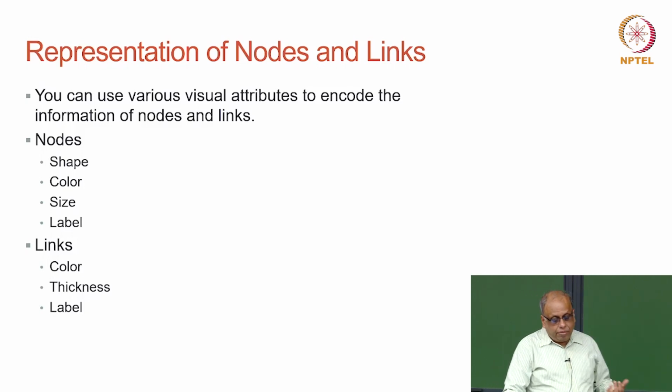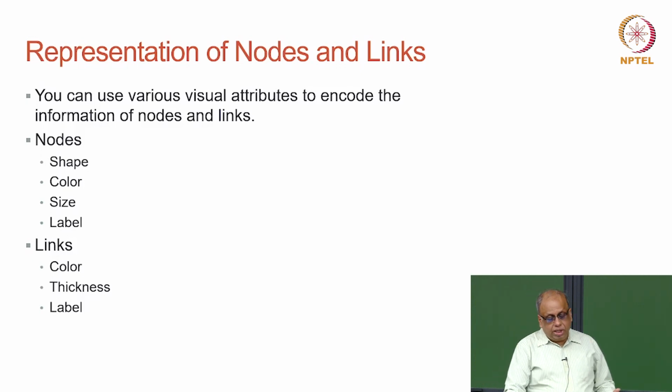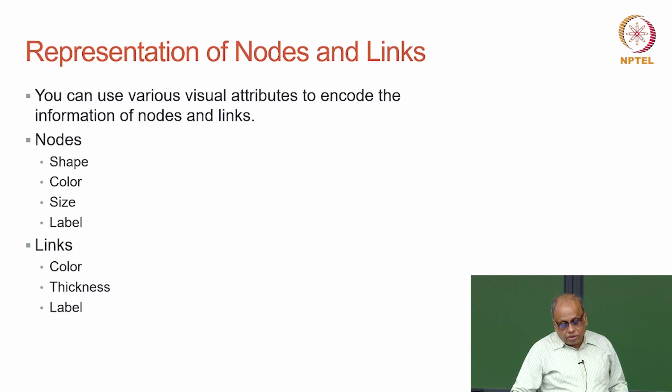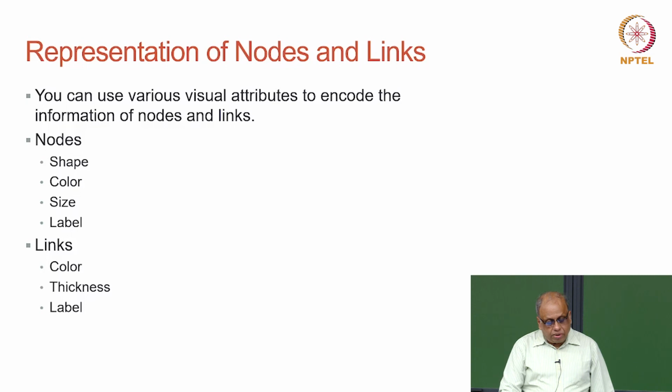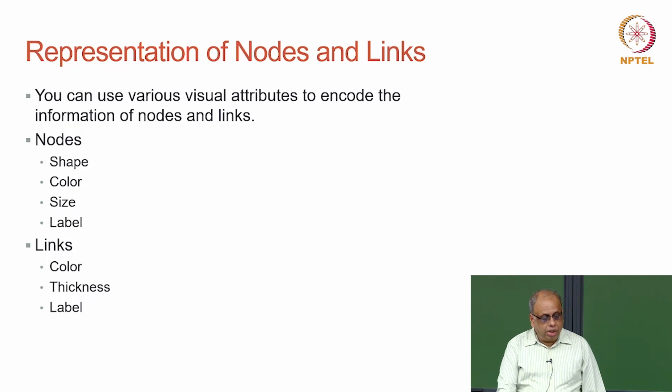In a social network graph, the people will have their gender and their age. So you can use various node attributes like shape, color, size, and of course the label to map those. Similarly, for the links, you can use color to represent different types of links. The thickness can show the weight of the edge, and so you can utilize various visual attributes to augment your visualization.